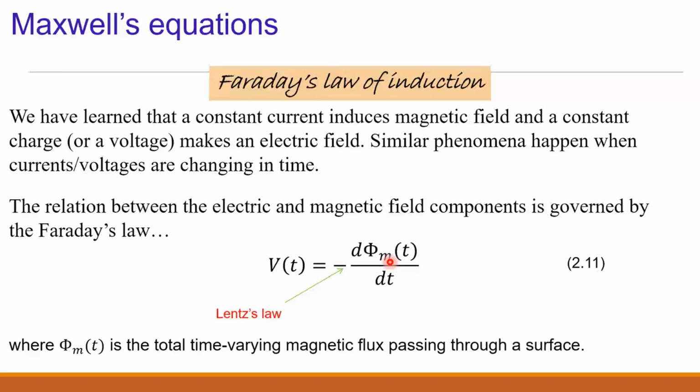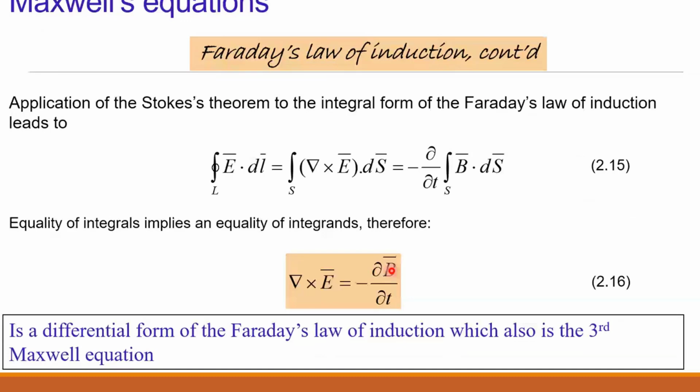Hence we get the law del cross E bar is equal to minus dou B bar by dou t. Remember, this is the first change in time varying fields. In the electrostatic field, del cross E bar is equal to 0, but for the time varying field, it is del cross E bar equal to minus dou B bar by dou t.